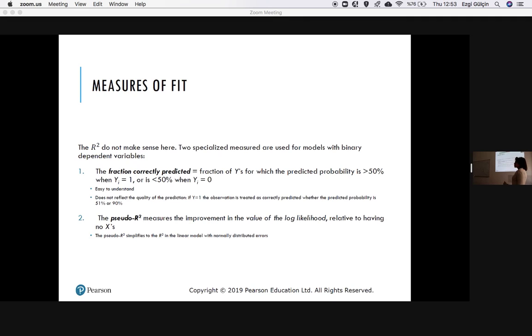We want a model which predicts that the probability of being denied for a particular individual is very high when actually y is equal to 1, when that specific individual in the data is denied.